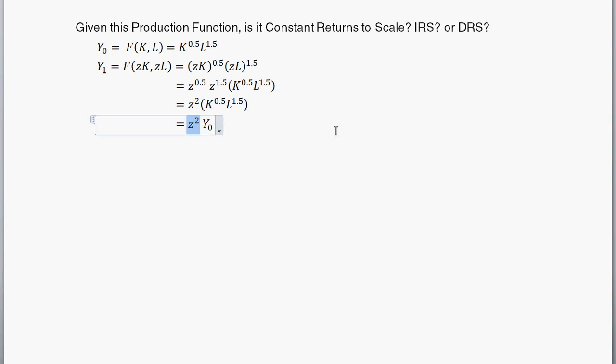So is this increasing returns to scale, decreasing returns to scale, or what? Well, for z greater than 1, z squared is going to be greater than 1. So z squared times the initial output is definitely going to be greater than what we started off with. So in this case, we have increasing returns to scale.